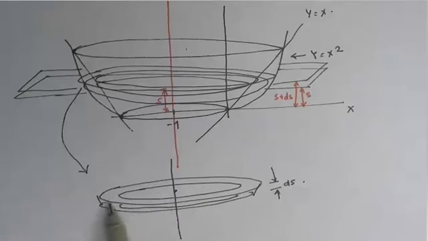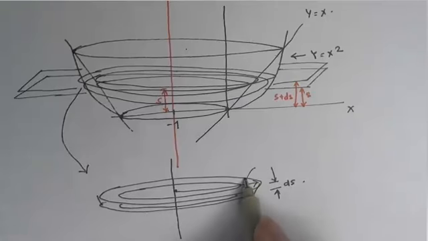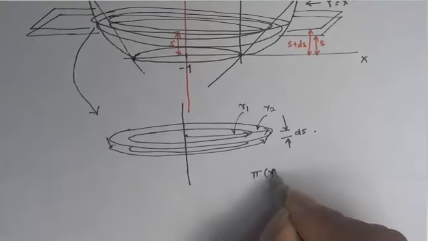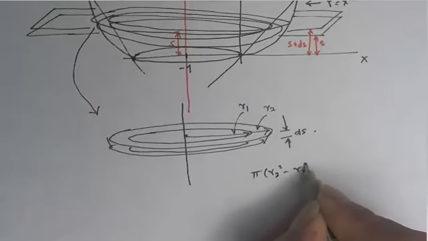The area of the material in the faces is simply the area of the bigger circle minus the area of the smaller circle. So let me call the radius of the bigger circle r2, the radius of the smaller circle r1. Then the area of that face is pi (r2 squared minus r1 squared).